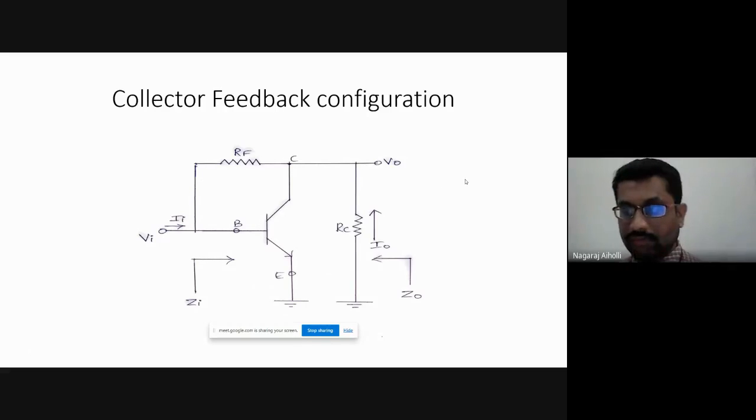So they may ask in any of the two ways. Or the common emitter amplifier with collector to base bias, all mean one and the same thing.